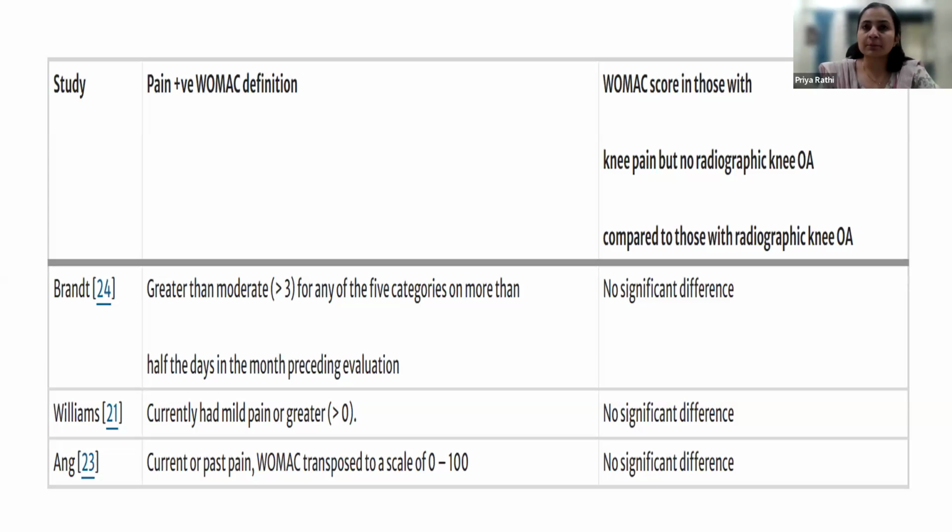WOMAC score is studied in all our patients who come to our OPD. We assess pain, stiffness and functionality in patients who present with knee pain, so that we have some objective data at the end of our consultation and treatment.